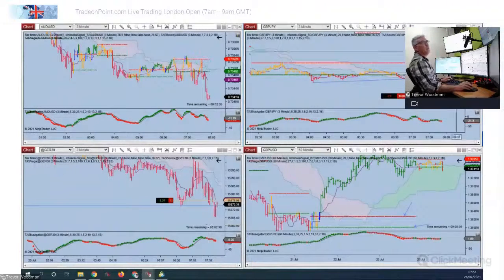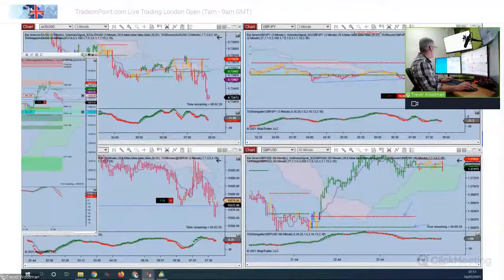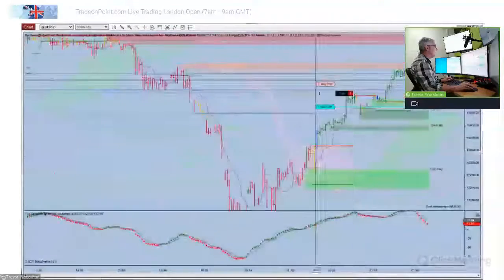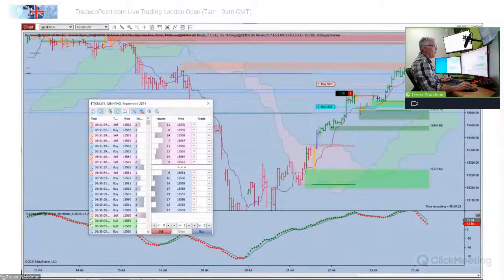So just to give you an idea, I'm trying to take more swing trades in the room, just because I've been doing quite successfully on my day trades.